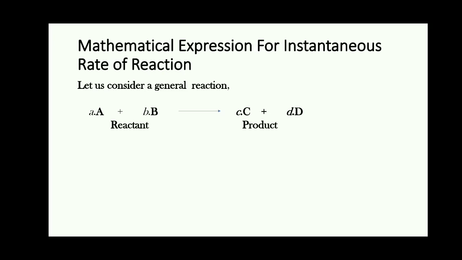Small a and small b are the moles of A and B respectively, and small c and d are the number of moles of the product species C and D. On the left side of the arrow the species are called reactants, and on the right side of the arrow the species present are known as products.